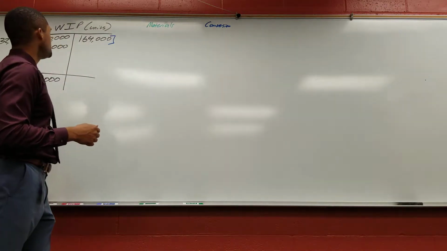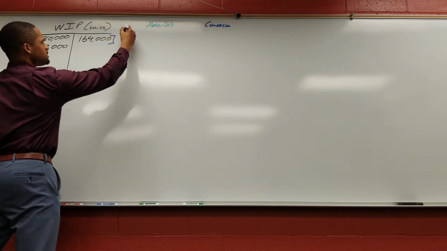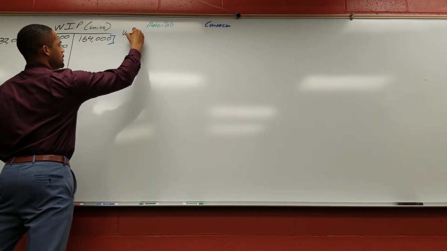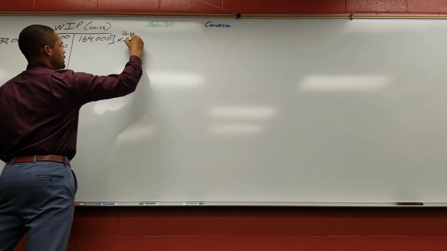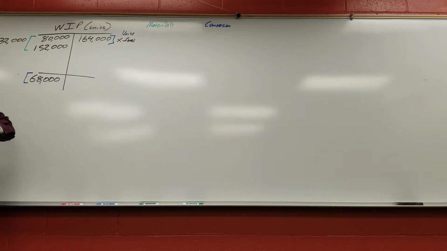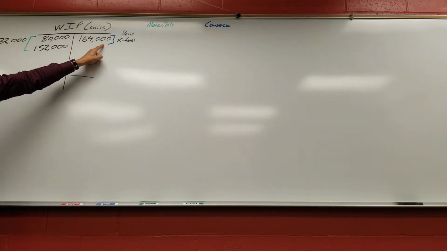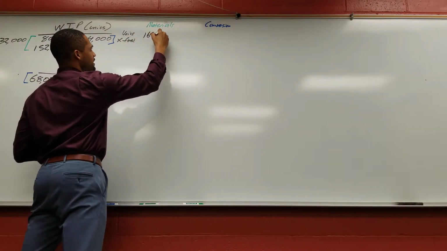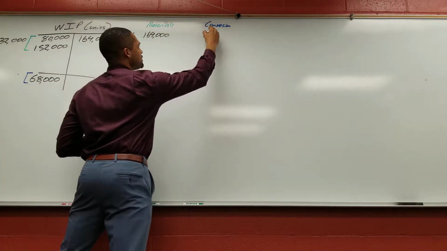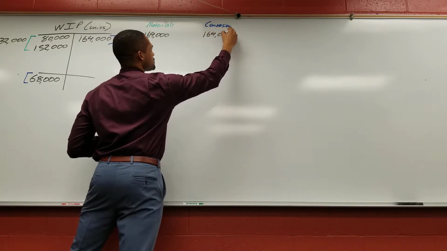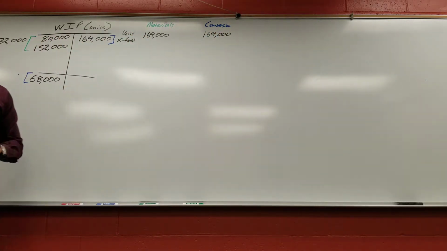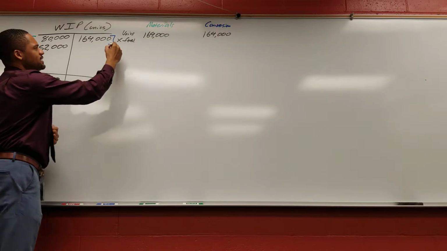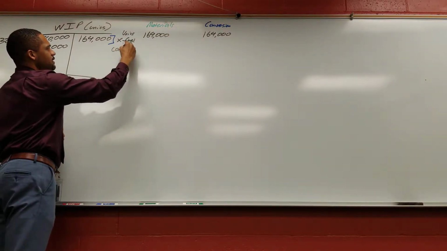The first thing we need is the units transferred. And we should know this from step 1. We transferred 164,000 units out, so that's going to go right here. 164,000 units were transferred. 164,000 units were transferred for conversion as well. Then we need to find out how complete they are.